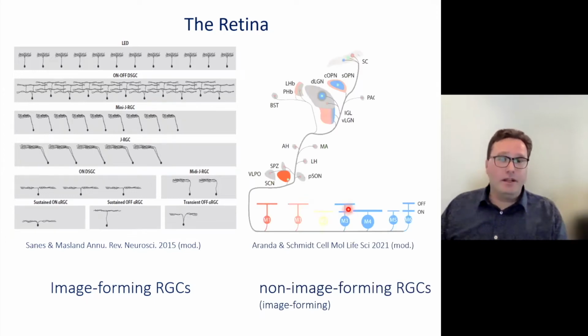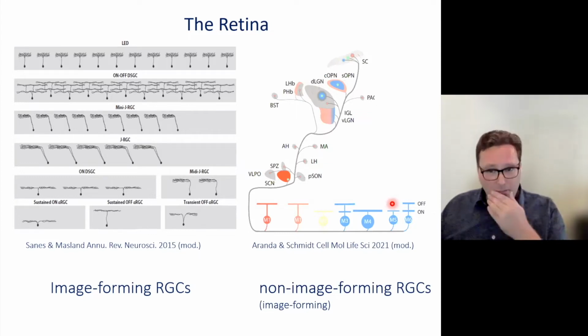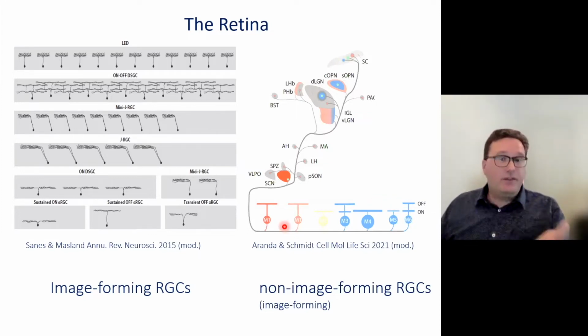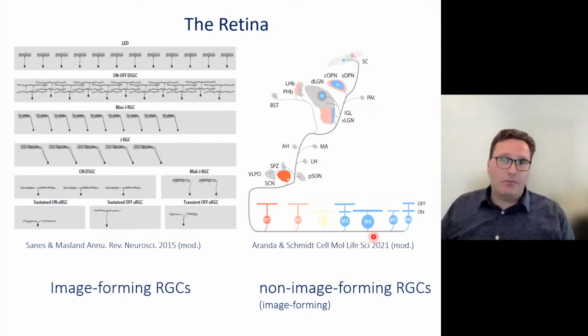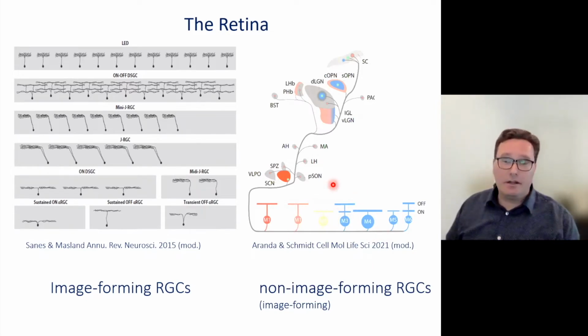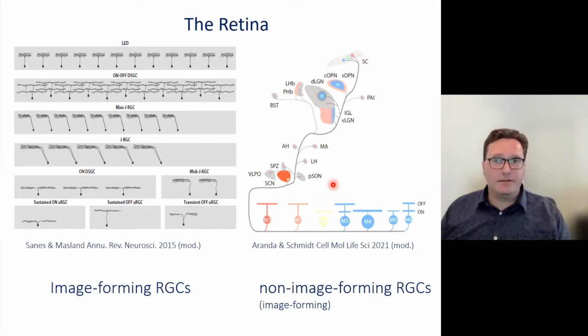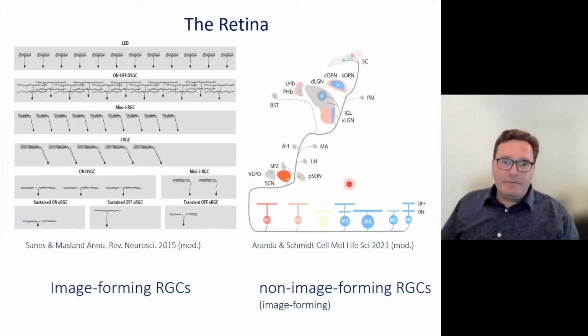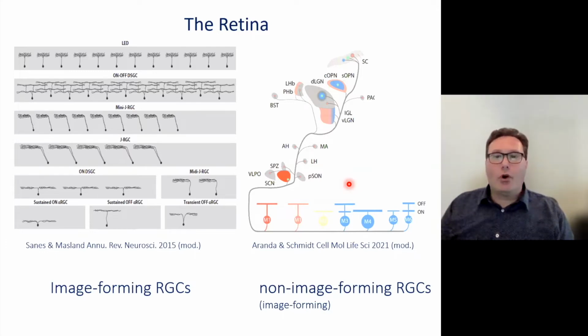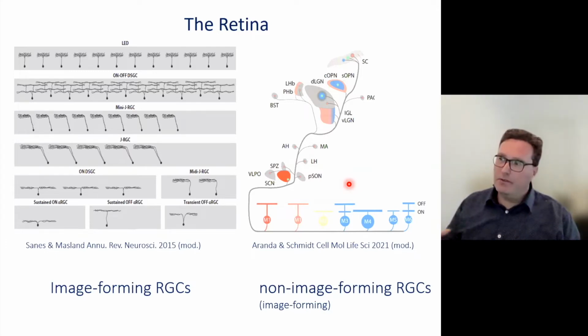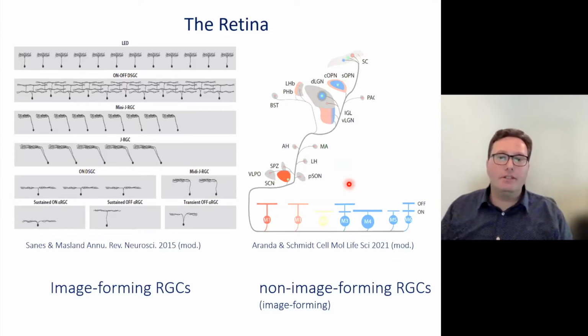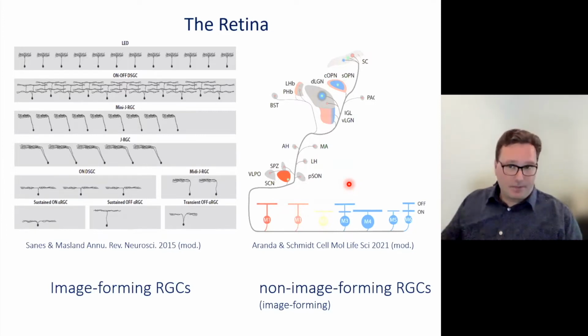And then obviously we also have non-image-forming function, and we heard a lot about that today. This is now a sketch from the mouse retina. We have 6 different melanopsin ganglion cells, so intrinsically photosensitive ganglion cells, and they are thought to regulate non-image-forming functions, as we heard also today.